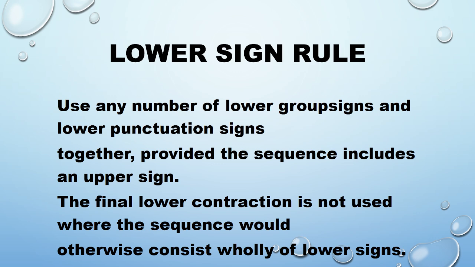So in this case, we need to have at least one upper sign to be able to use these lower group signs or lower signs together in a sequence. So just one upper sign is needed. Otherwise, we cannot use all lower signs.